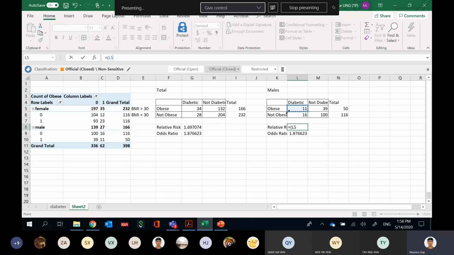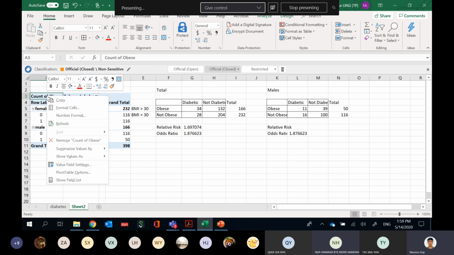Sure. I cannot. Every time when I click on the Excel, they prompt me with an alert: we can't change this part of the pivot table. No, you cannot change. But I don't know how to go back. Okay, you click on any part of the pivot table. Right click, then you go to show field list. I don't have that option. Then what option do you have?